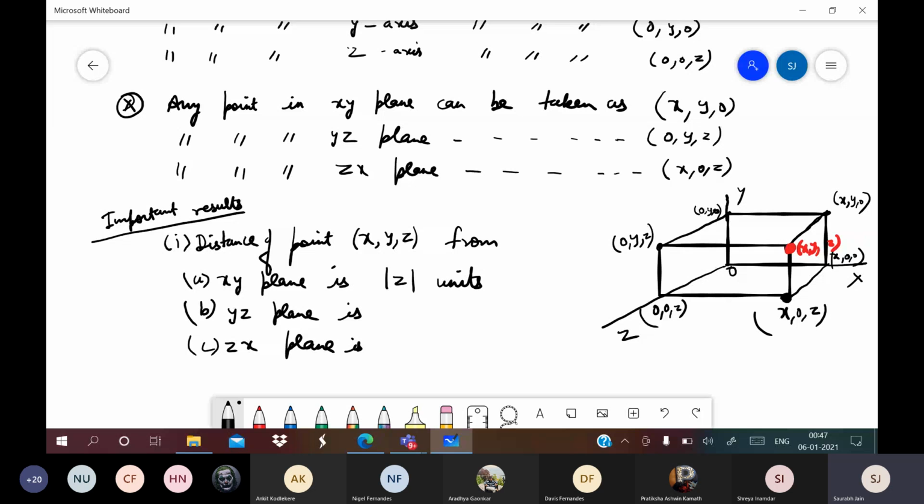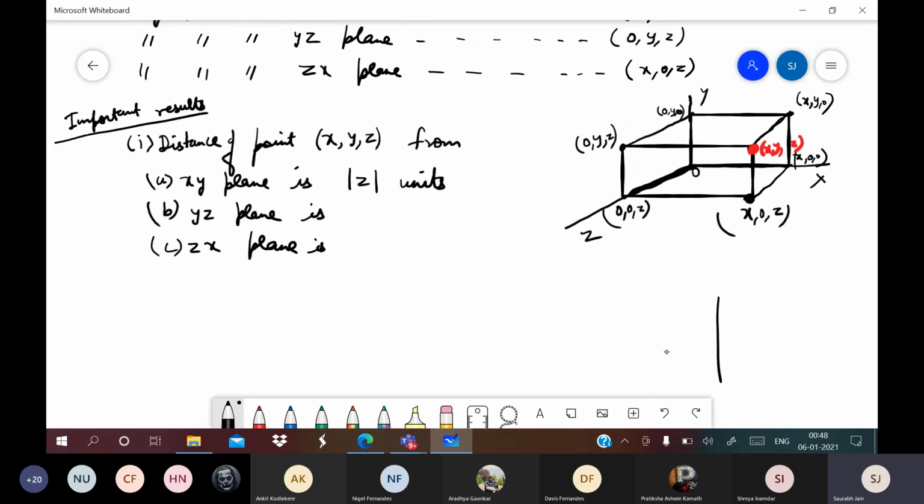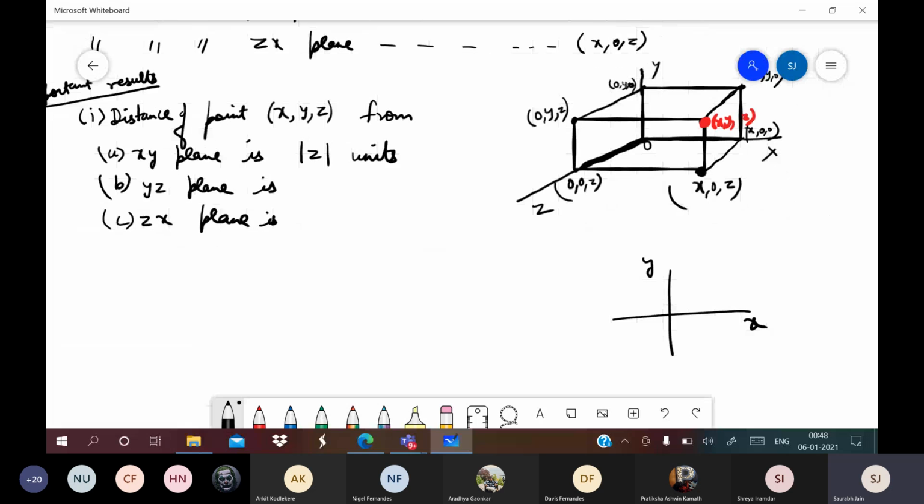Here you can write z because it looks like we are talking about positive directions. But the point will not always be in positive direction. It can be anywhere else. So when we talk about this distance, the coordinates are 0, 0, z, but it is better to take distance as mod z. Why? Distance cannot be negative. Similarly, when we talk about first quadrant, you will understand what I'm trying to say.